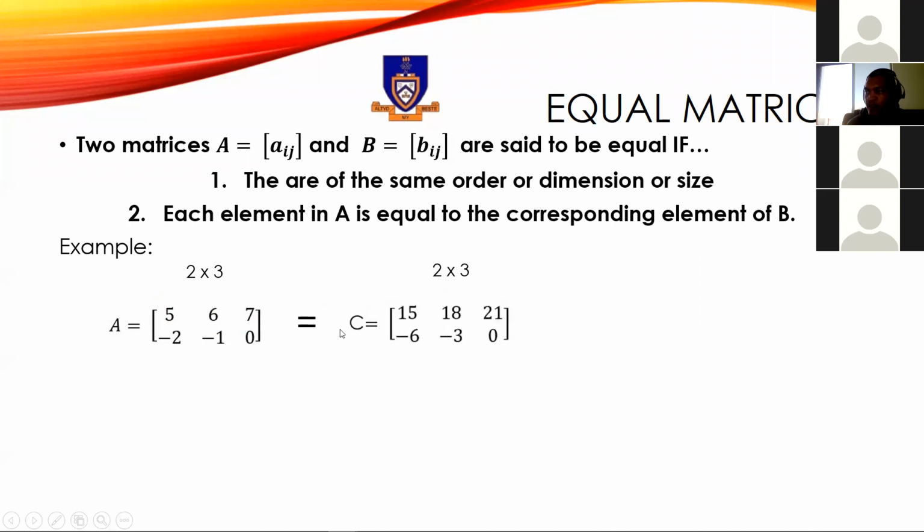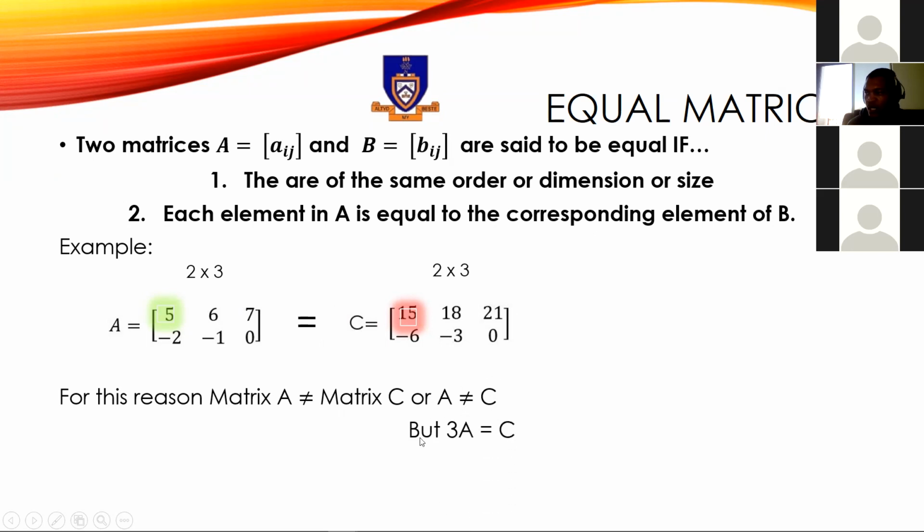Over here, we have another example. We can see that even though this is a 2 by 3 matrix, this 5 and 15 is not the same. So this means that matrix A is not equal to matrix C, and we write it like equal to scratched out. But we can say that 3A, okay?